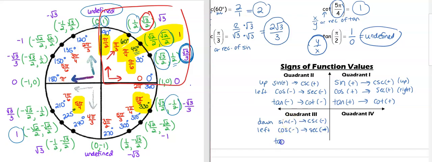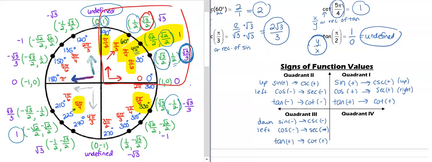When I go to find my tangent, that means I'm doing a negative divided by a negative. My tangent ends up being positive, so my cotangent is going to be positive. And we can see that again in our unit circle. If I look right over here, all of my x's are negative, all of my y's are negative, and all of my tangents are positive because a negative divided by a negative ends up with that positive value.